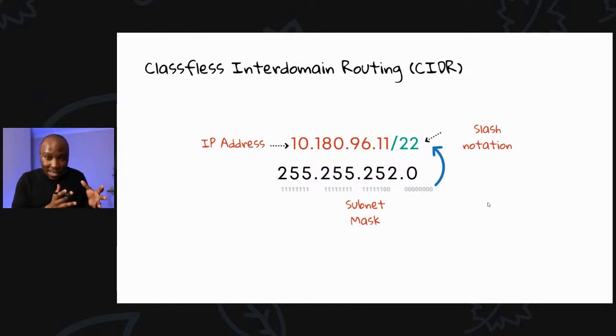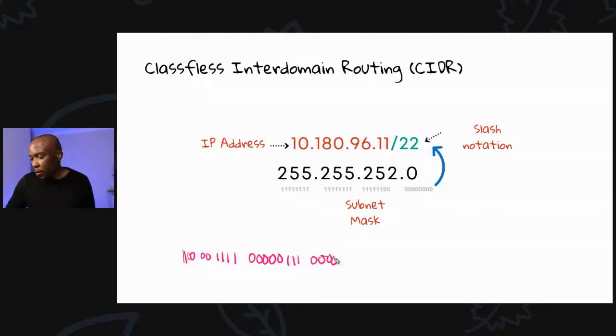I'm going to say this slowly and I'm going to say it again. When we say /22, what we are saying is, in our 32-bit address, which we spoke about earlier on, 1 2 3 4 1 1 1 1 0 0 0 0 0 1 1 1 0 0 0 0 1 1 1 1 1 2 3 4 5 6 7 8.